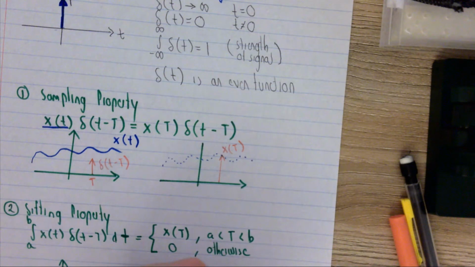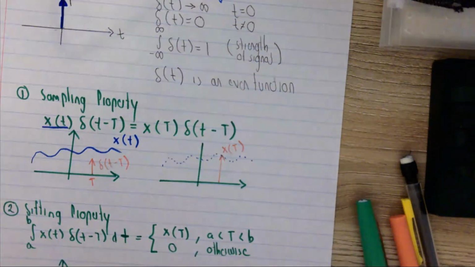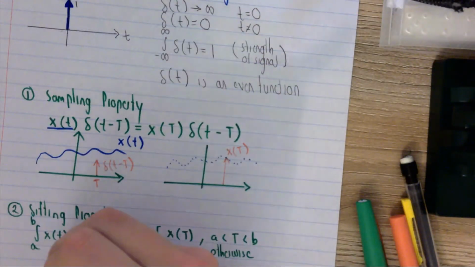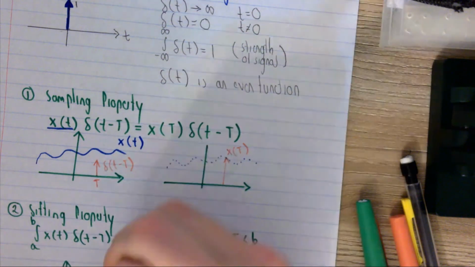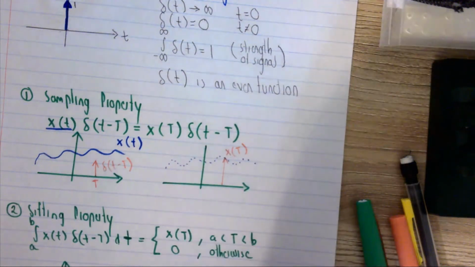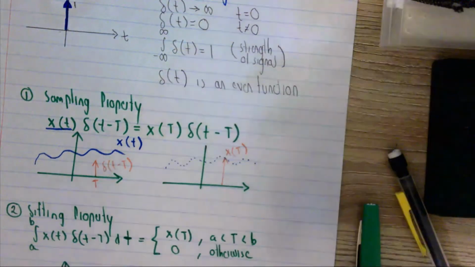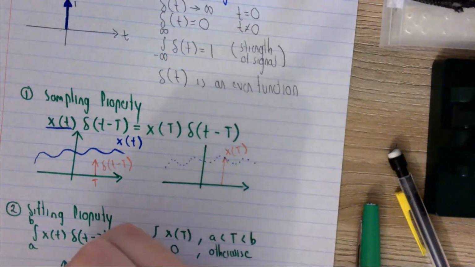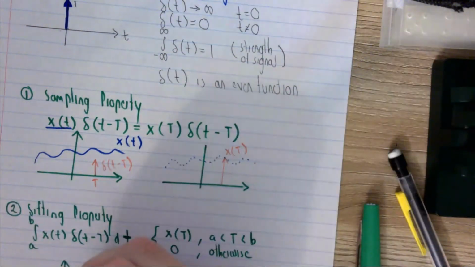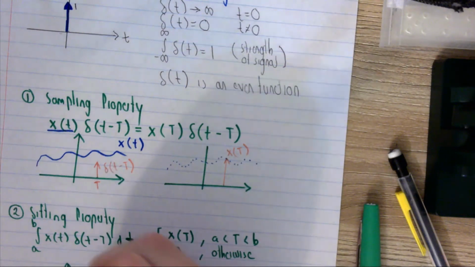So this is our x of t again, something like this. Then we sample it specifically at t minus tau, and this is our point T. So this is delta t minus tau.